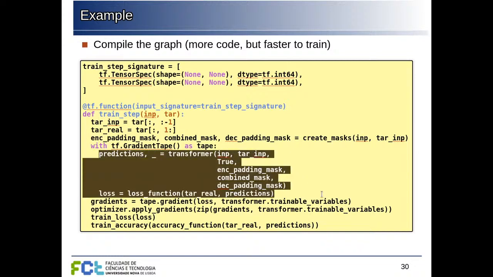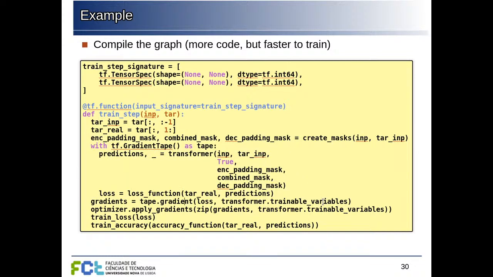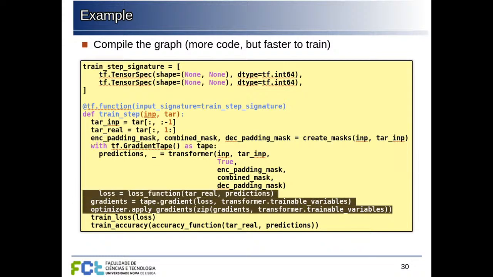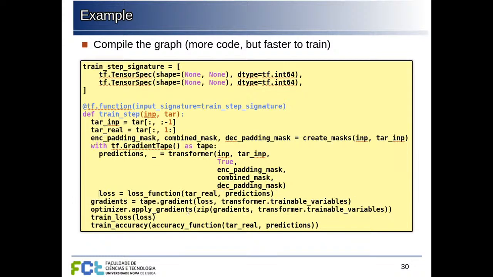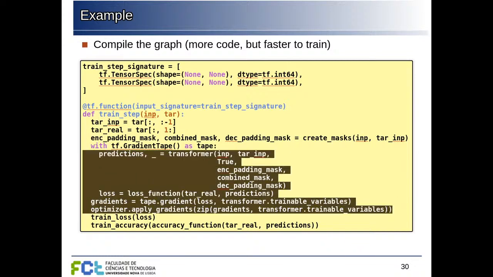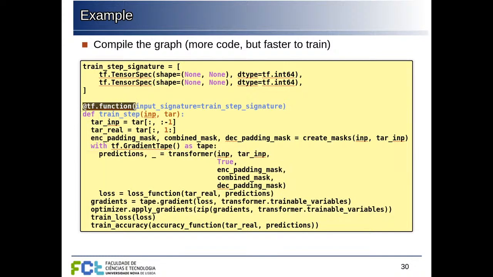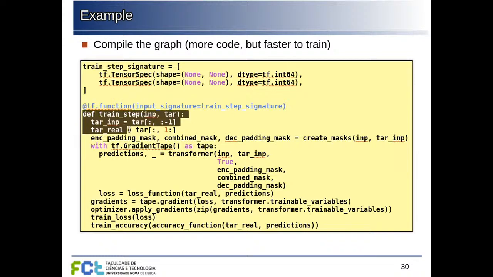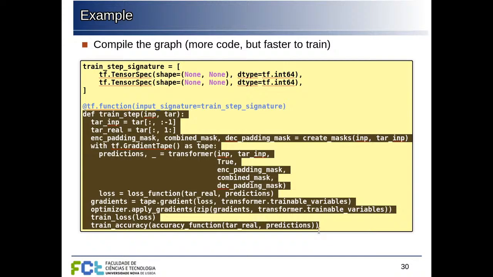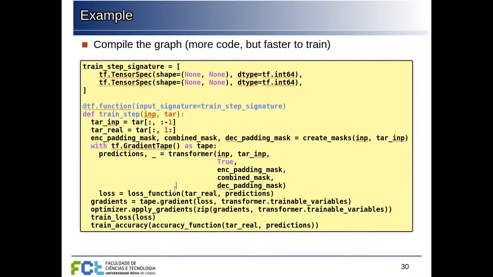It computes the loss, and then it updates the parameters by using the optimizer, applying the gradients and so on. So this part is what we've been doing so far. The difference is this decorator here. This tf.function will trace all the computations called by this function and compile the graph.